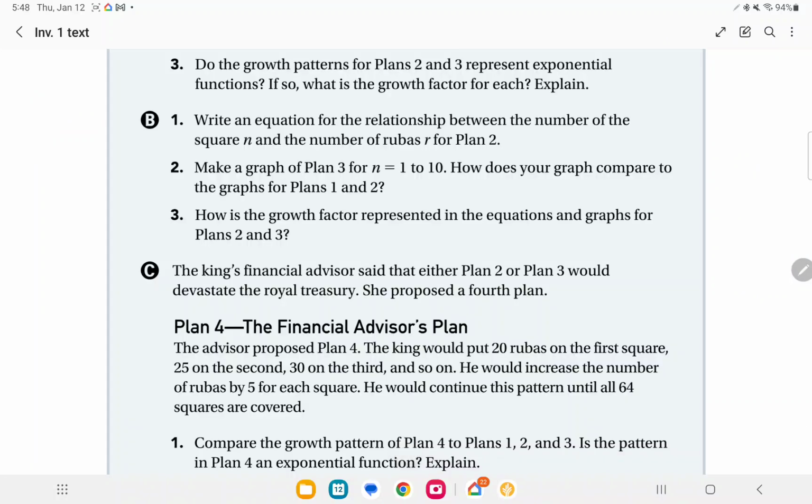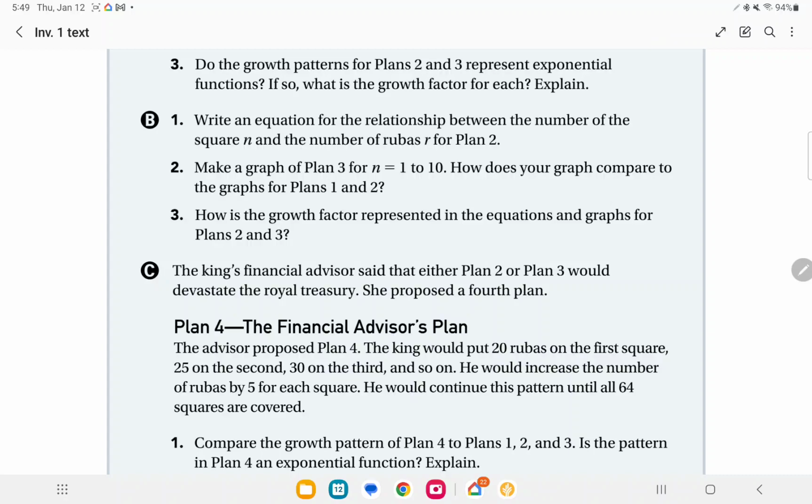Now if we take a look at part B, it says write an equation for the relationship between the number of the square n. Whoops, I just did that for you, so you should be okay doing that. Make a graph of plan B. You're going to graph that, and on your lab sheet 1.3 there is a little grid where you can do the graph.